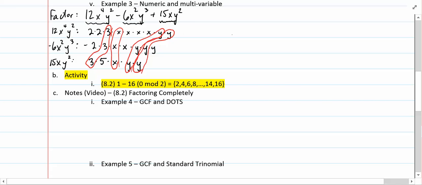So what this tells me is that 3xy squared is the greatest common factor, and what's left behind from our 12x to the 4th y squared happens to be 4x cubed, and that's it.